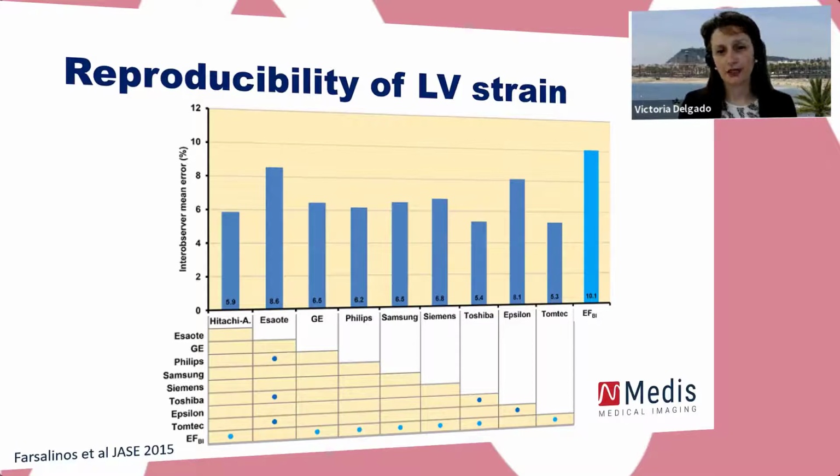And as you can see, the inter-observer reproducibility across all these vendors and the vendor independent platforms for assessment of global longitudinal strain is much better than for ejection fraction. So this is another reason to be more familiar with the use of global longitudinal strain and assess left ventricular systolic function with strain imaging and not so much on ejection fraction.